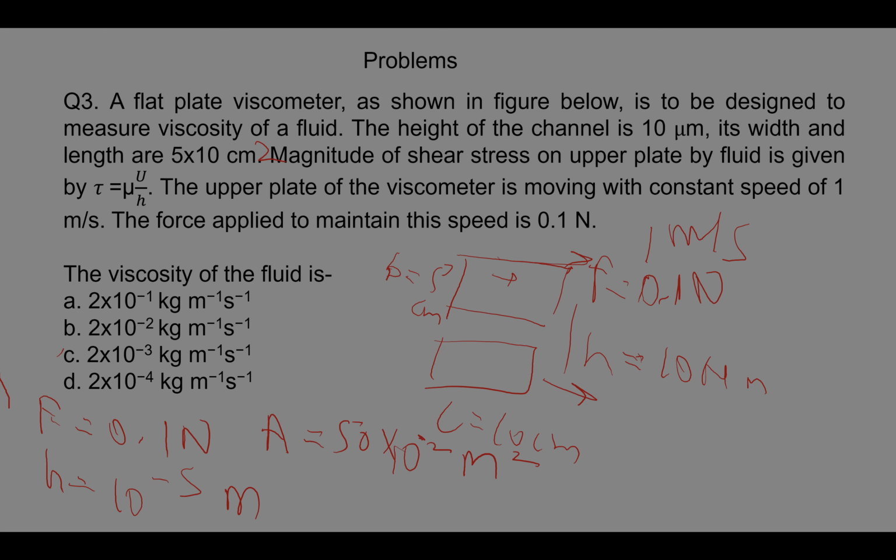Now the tau we already have mentioned in the figure that tau is equal to mu u by h. If we calculate the mu, tau we can calculate using the force upon the area. So the force upon the area is around 10 to the power 20. Then if we keep all these things, then we can calculate the mu.